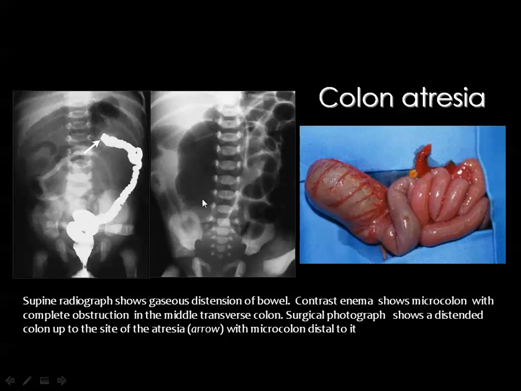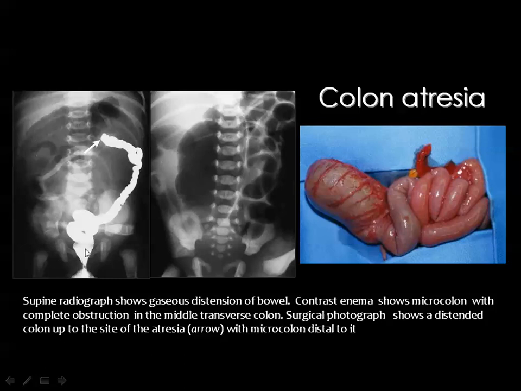You see distension of the bowel by gases. This may be due to ileal atresia, may be due to meconium ileus, but the presence of this big gas-filled bowel indicates that this may be a part of the colon, and you think that the anomaly may be in the colon.